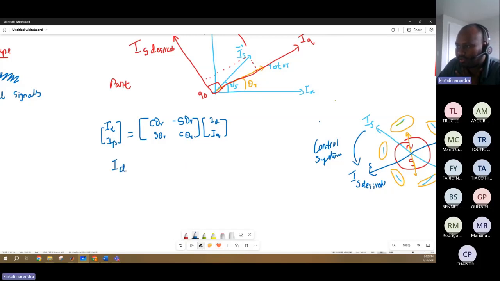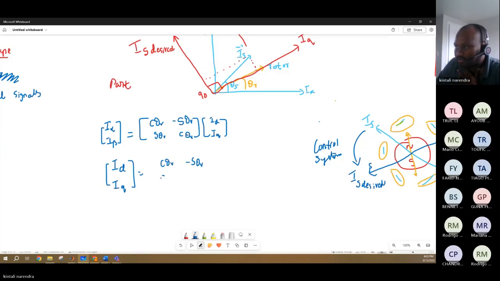That is, ID and IQ is equal to the inverse of this matrix, cos theta r, minus sine theta r, sine theta r, cos theta r, whole inverse, into I alpha and I beta.